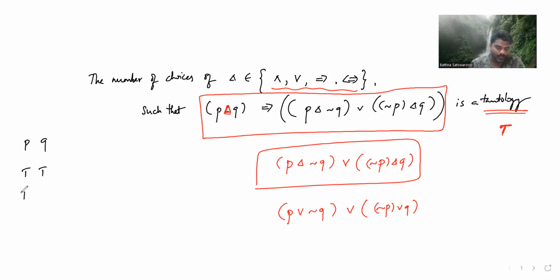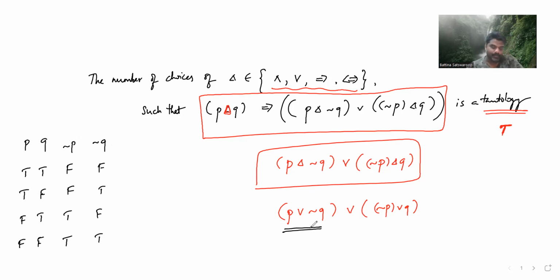Now take P and Q: true, true, true, false, false, true, false, false. Take negation of P and negation of Q. Negation of P: false, false, true, true. Negation of Q: false, true, false, true. Now you want P or negation of Q. What is P or negation of Q, sir? Can you tell me?